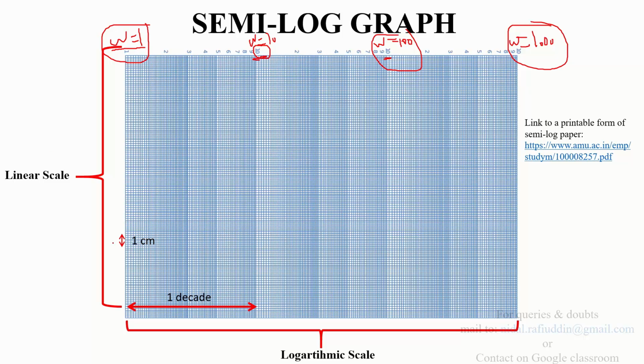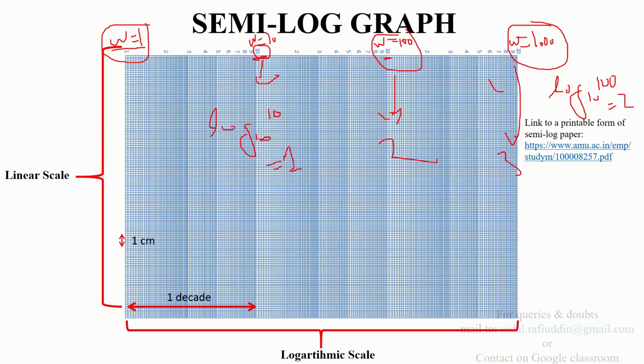Since you are plotting the values of omega in the form of log scales, if you convert 100 by taking log to the base 10 of 100, what you get is 2. For this point, log to the base 10 of omega, which is 10, is 1, and this is 2, and this is 3.